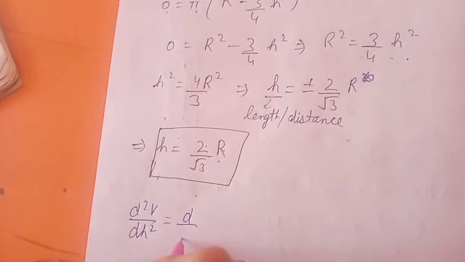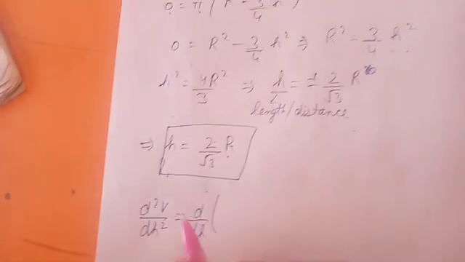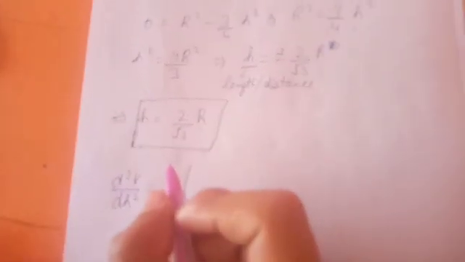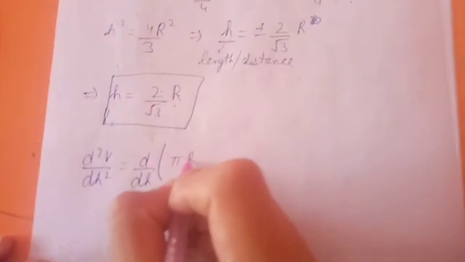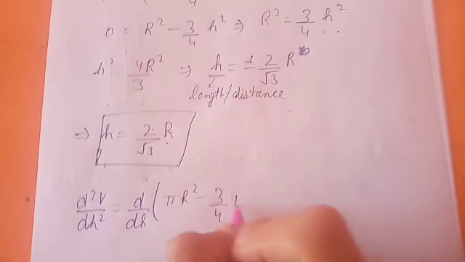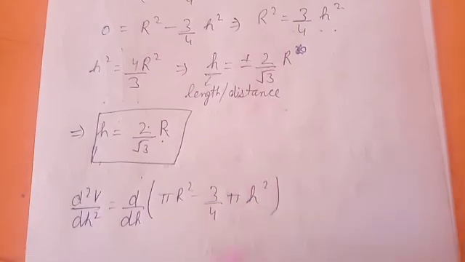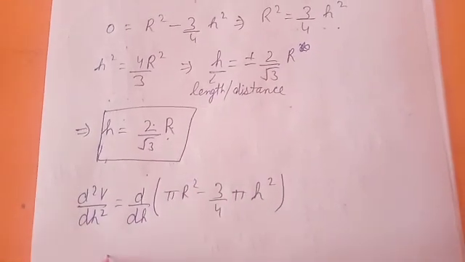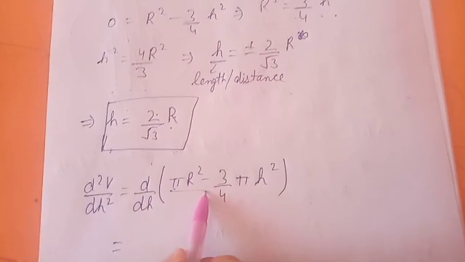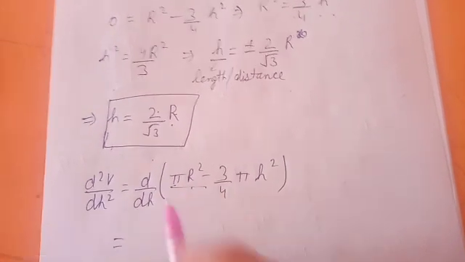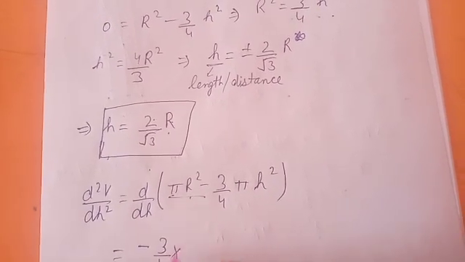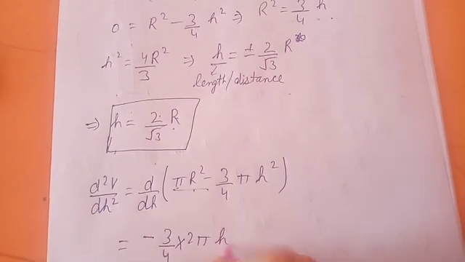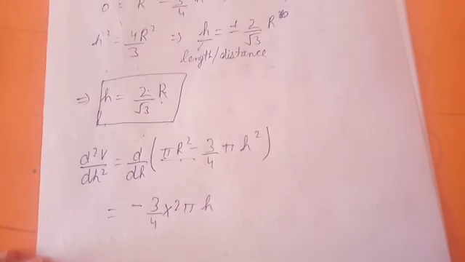That means differentiation of the first derivative. And what was our first derivative? Our first derivative was pi r square minus 3 by 4 pi h square. If we differentiate it, this first term is constant, so it will be 0. That will be minus 3 by 4 into 2 pi h.